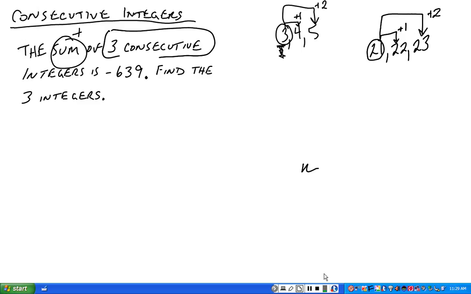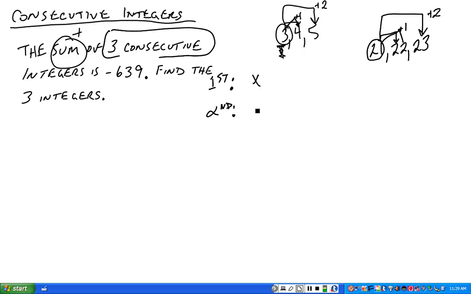Based on this understanding, I can go back to my problem, which is asking for 3 consecutive integers whose sum is negative 639. I don't know what the first number is, so I write x. For the second number, in both of our examples, the first number plus 1 gave us the second number.